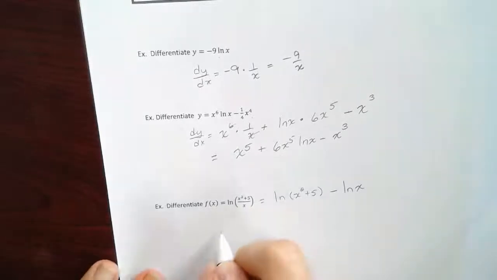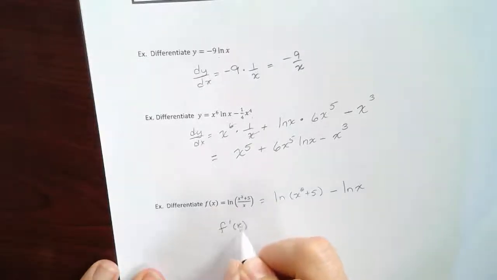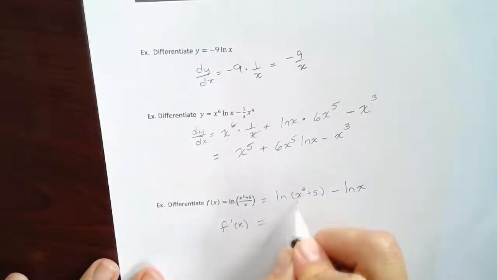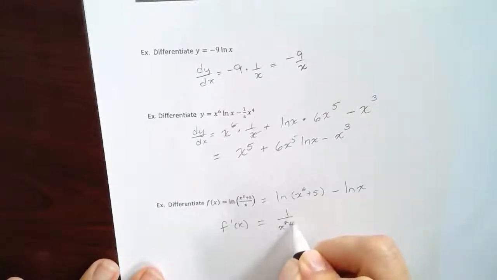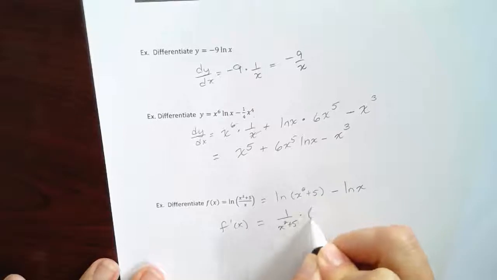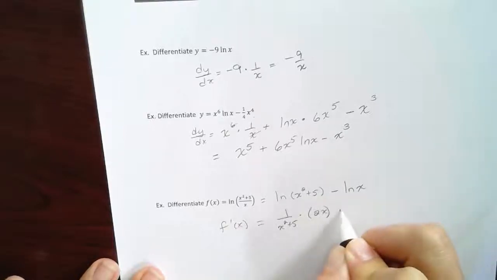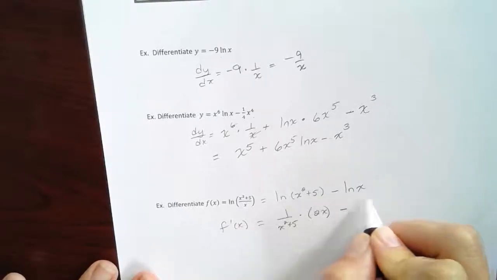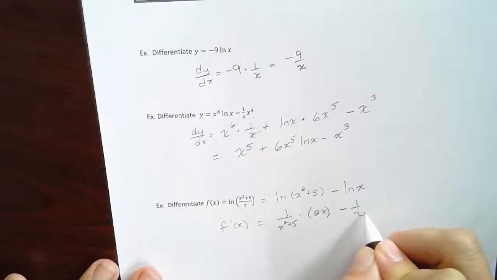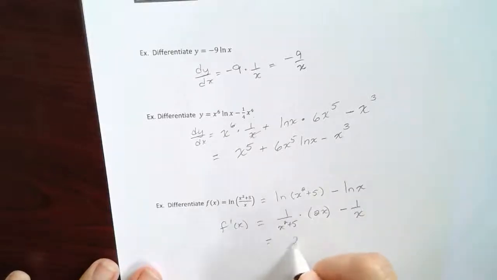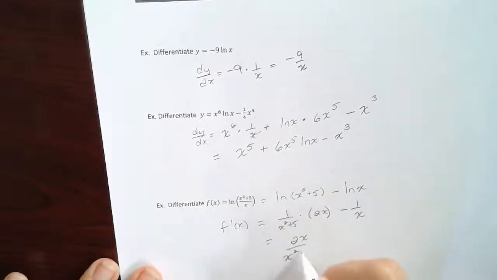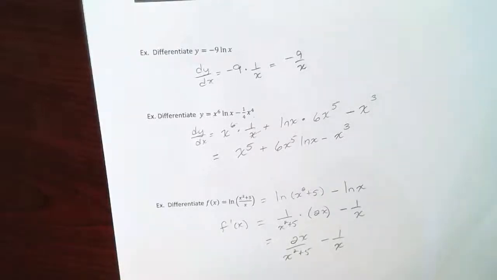So f prime of x will be equal to 1 over the argument times the derivative of the argument, which is just 2x, minus the derivative of ln x, which is 1 over x. So then this is just going to be 2x over x squared plus 5 minus 1 over x.